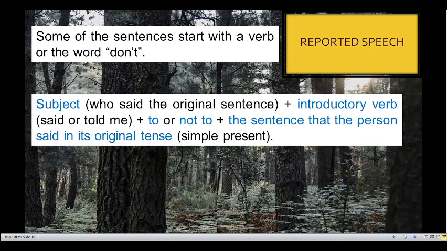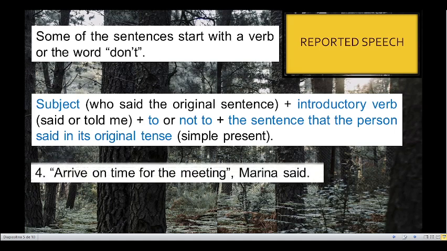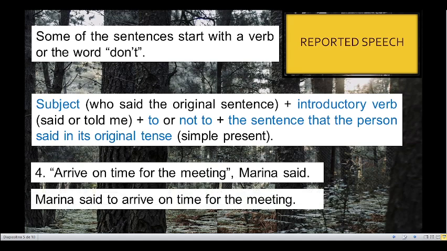Remember, simple present. For example, arrive on time for the meeting, Marina said. So the reported speech is Marina said to arrive on time for the meeting.